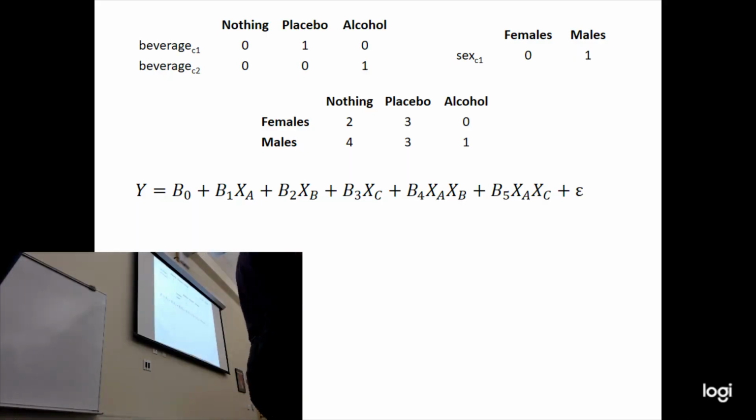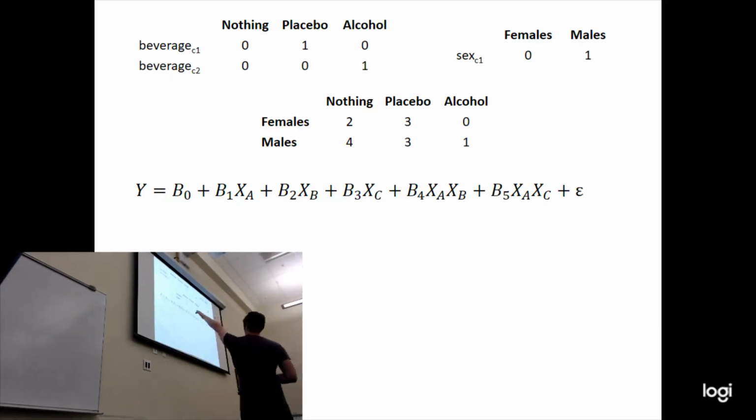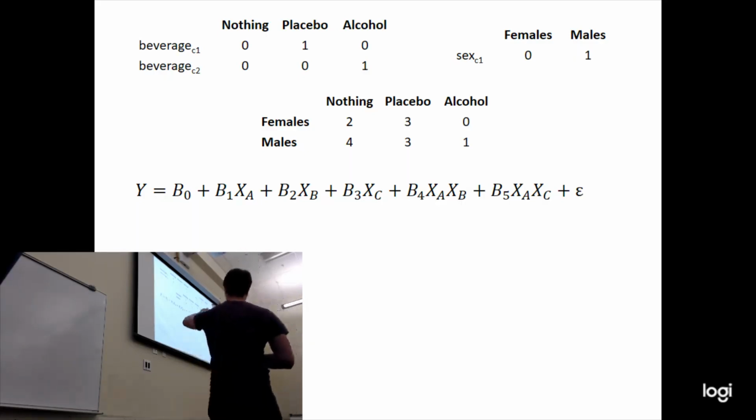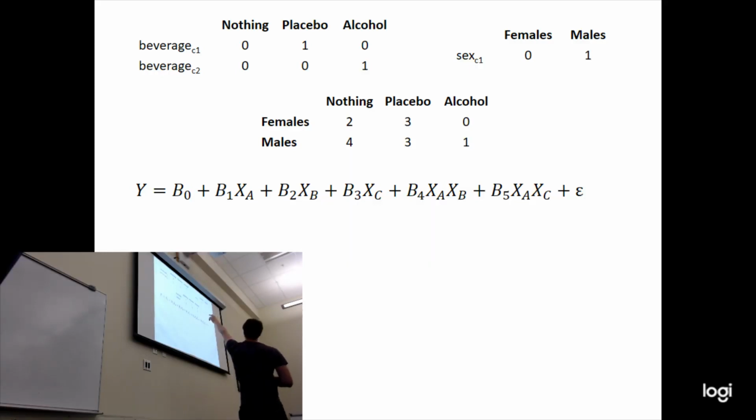So given that information, what would you expect the coefficient for that beverage condition contrast to be? 3 minus 2. Placebo female minus nothing female. Yes, absolutely. So this is going to represent the mean difference among females of the placebo group and the nothing group. That's what the C1 contrast represents, that mean difference.